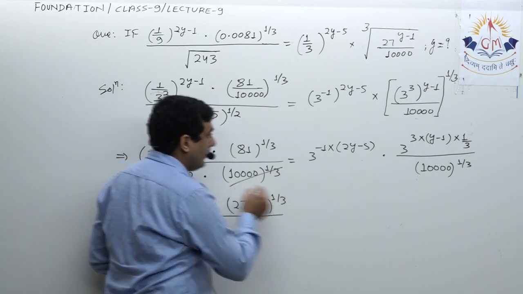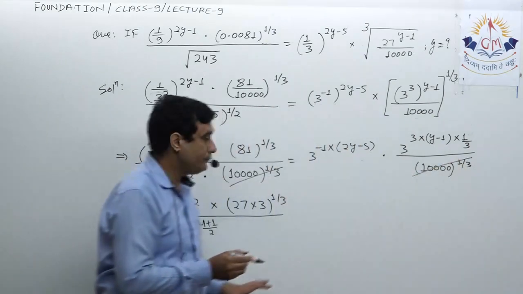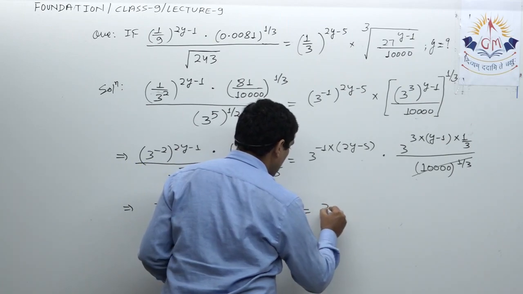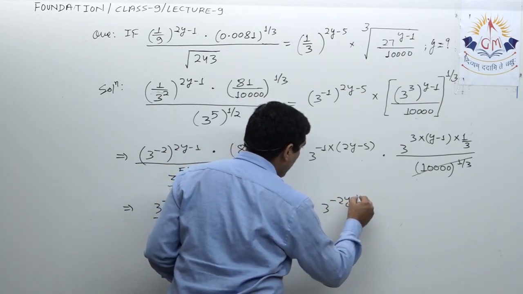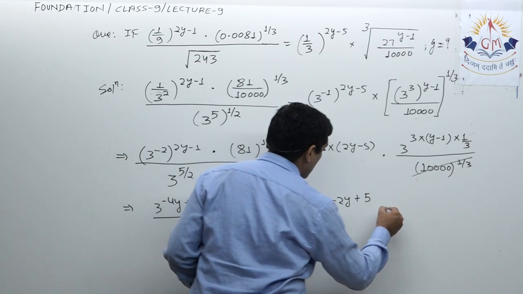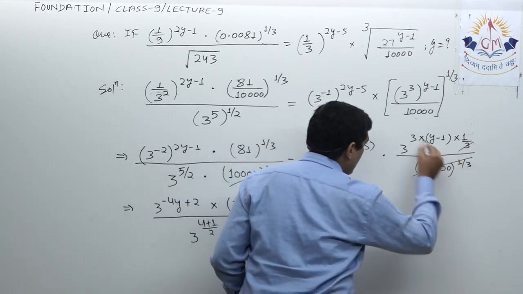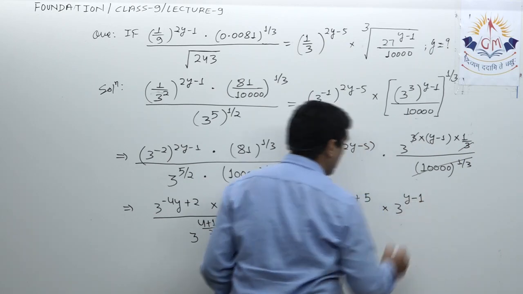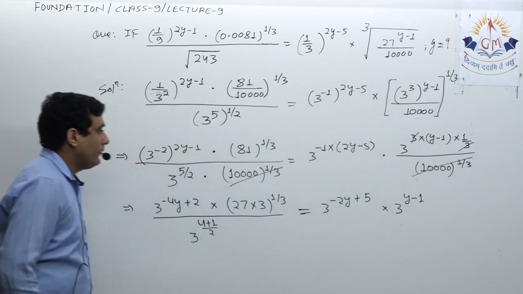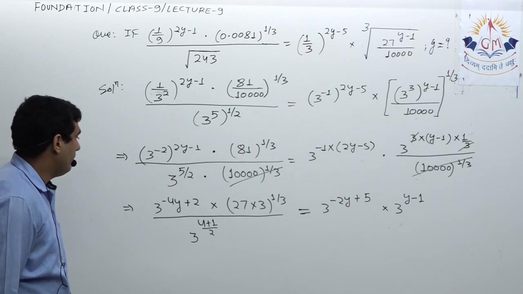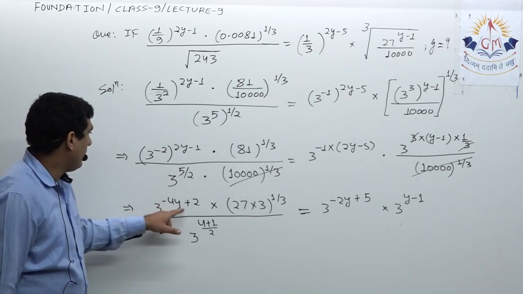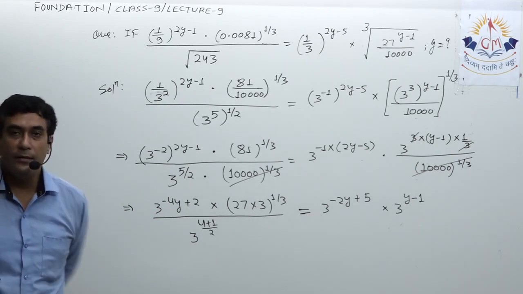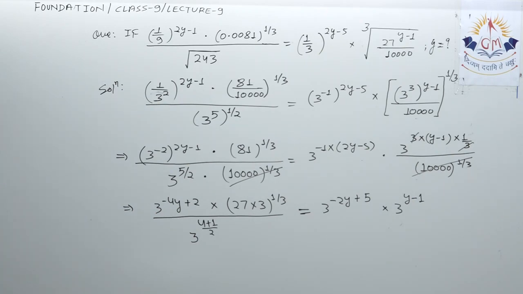Okay, this term I am cancelling directly, is equal to 3 raised to minus 2y plus 5 multiplied by this 3 and 3 I can cancel, so 3 raised to y minus 1 minus 2y plus 5, 3 raised to y minus 1 minus 4y plus 2. Okay, so note it down up to this point, then we'll see its solution further.